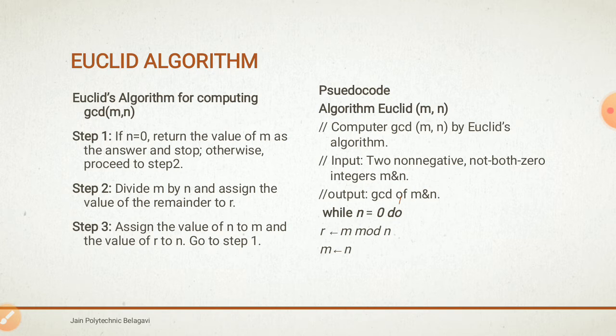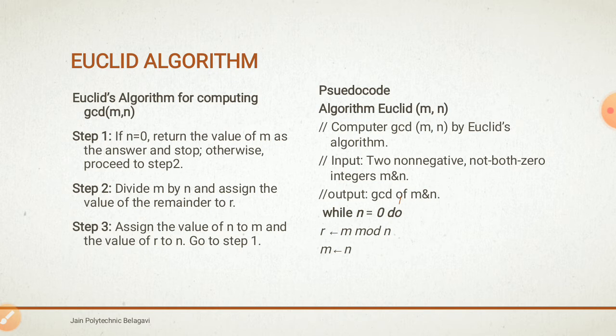Step 2: divide m by n and assign the value of the remainder to r. That is, one number should be divided by another number and the remainder assigned to a variable called r. Then assign the value of n to m and the value of r to n.